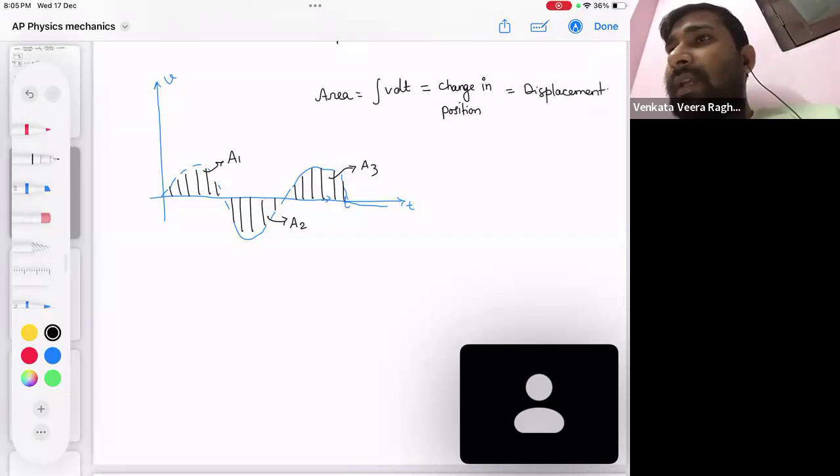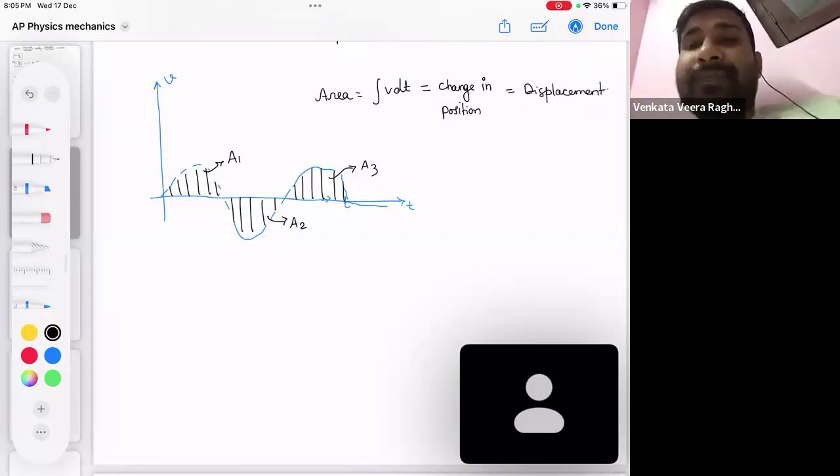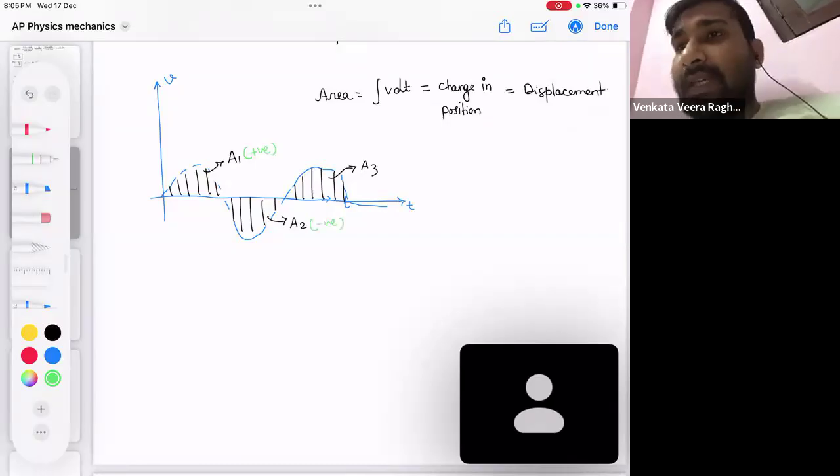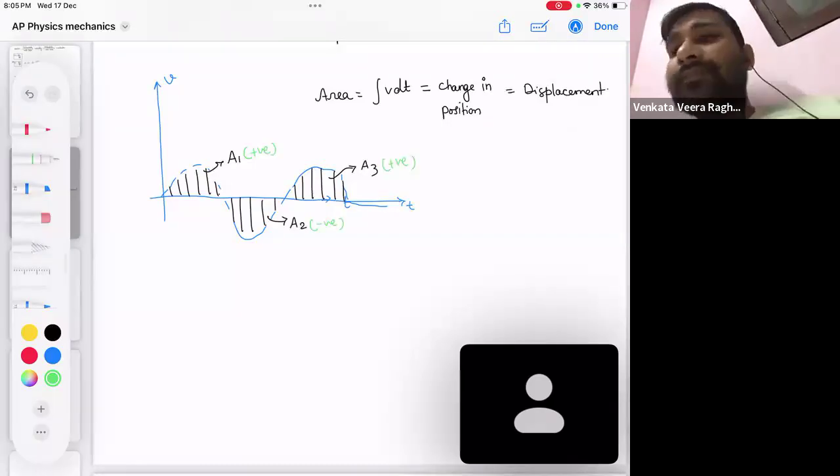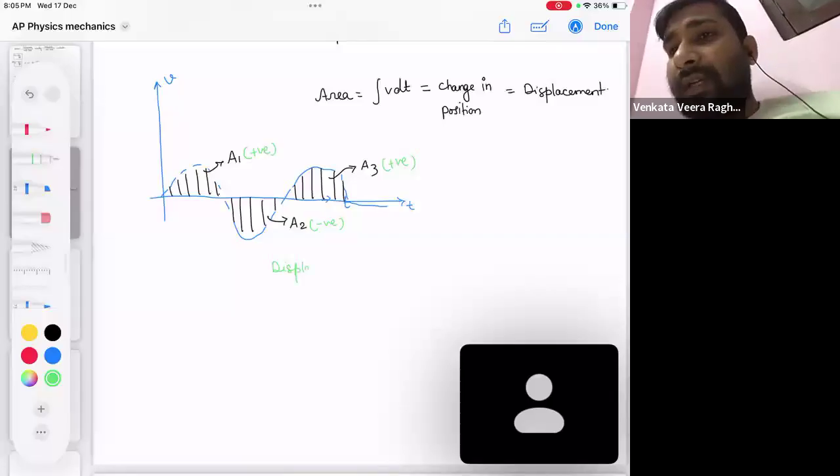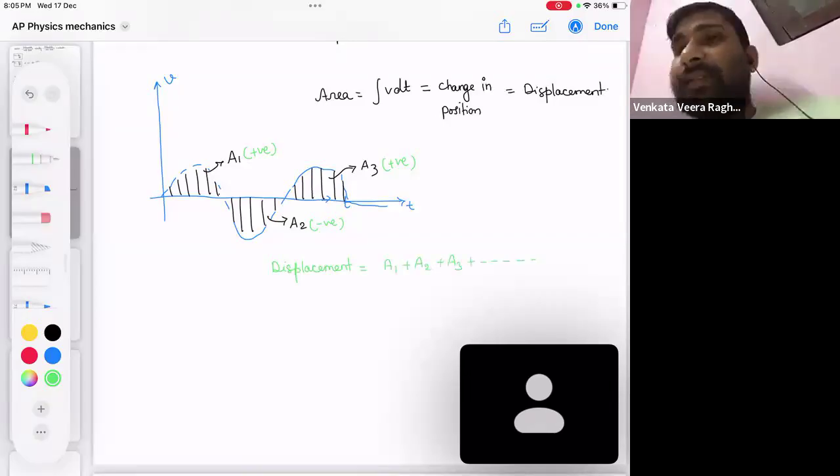You know, this area gives us one more meaningful thing. For any graph, if the area comes above the axis, we take it as positive, and if the area comes below the axis, we take it as negative. So if you want to calculate the displacement of the particle, you will add the areas A1, A2, A3, A4 like that.